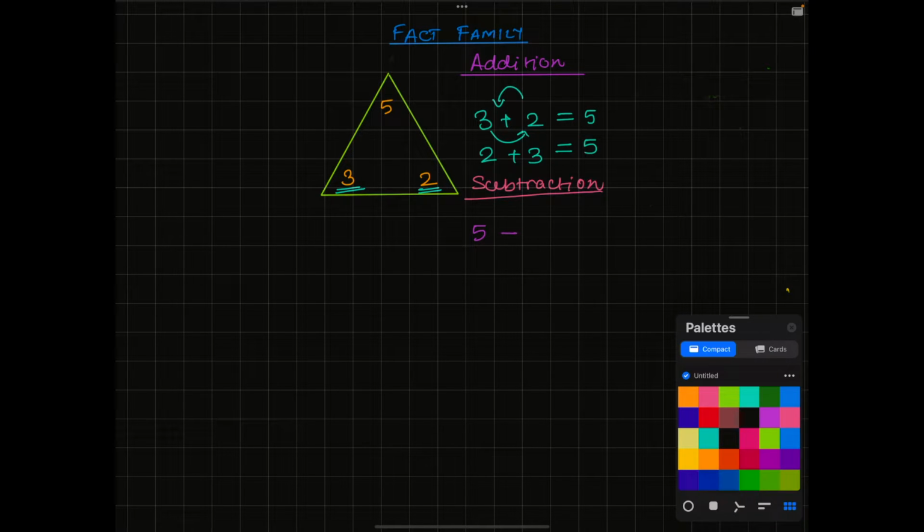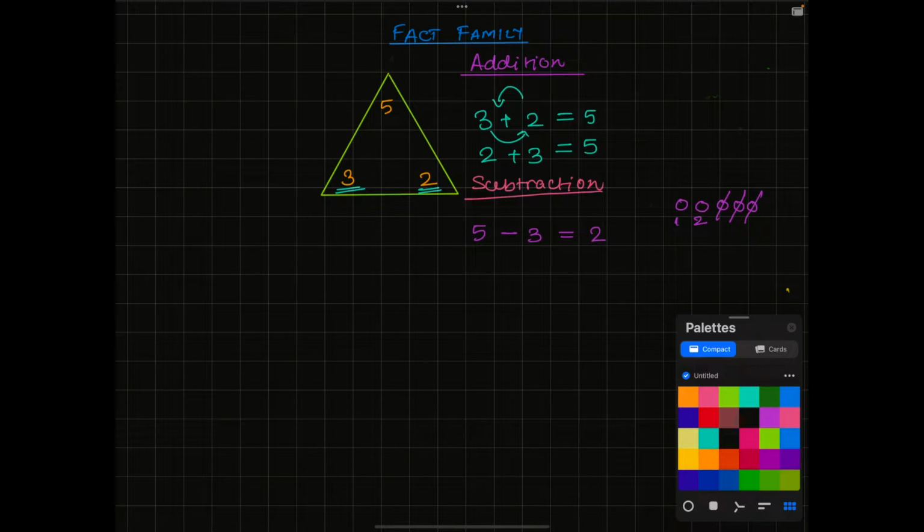So 5 take away 3 is equal to... you can actually do the subtraction to understand the relation, or you can come up with the answer as it is. So let's see, there are 5 objects, strike out 3. Let's count the remaining ones, 1 and 2. So the answer is 2.